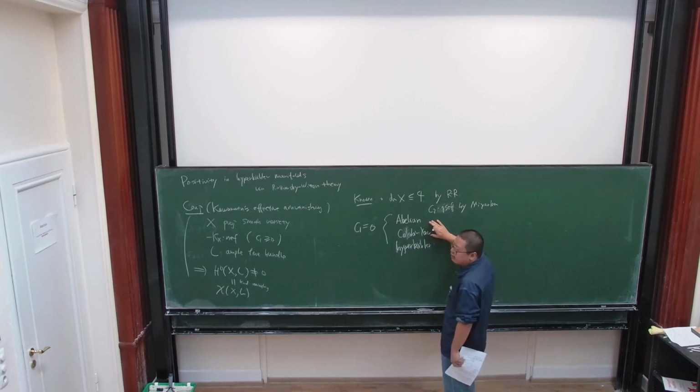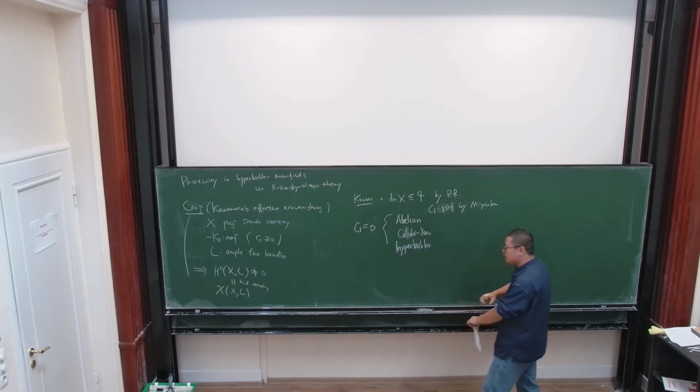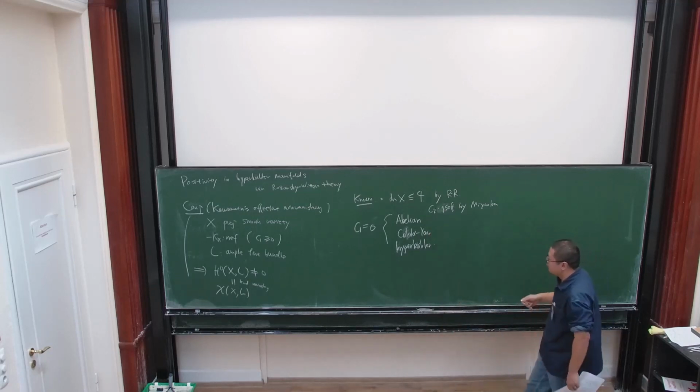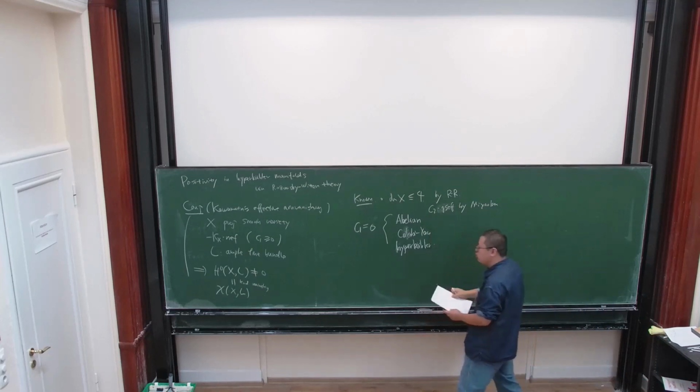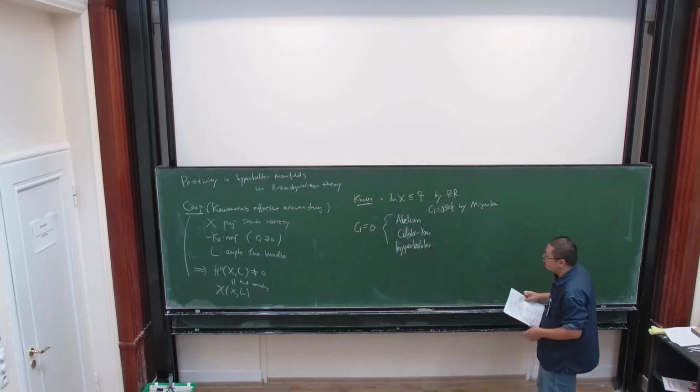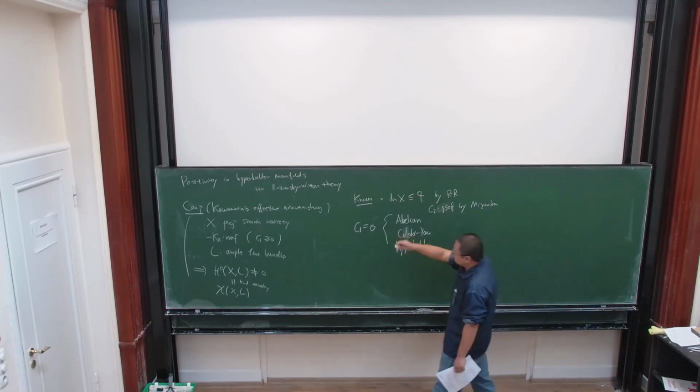Let's forget about Calabi-Yau because it's quite complicated, and we don't have many tools to deal with it in algebraic geometry. So today, as my title suggests, I will focus on hyperkähler.